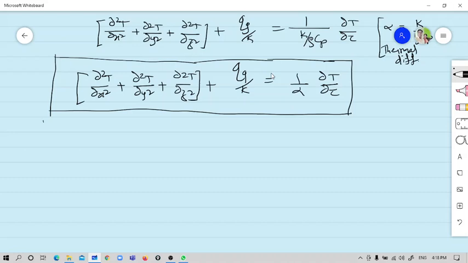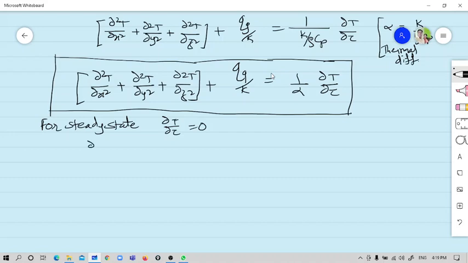So for steady state heat transfer, ∂T by ∂τ equals zero. That is the meaning of steady state: temperature does not change with time. That is called the steady state equation. So what do you get here now?